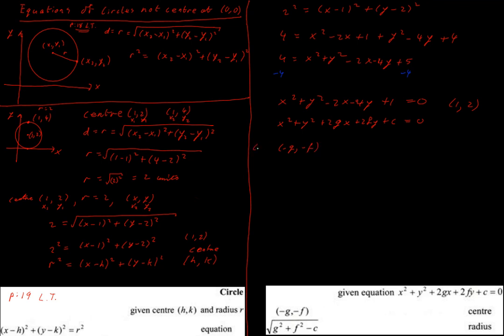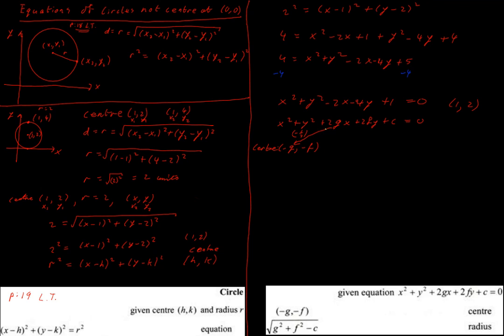Now, does that work out for our particular situation? Well, we know our center is at 1, 2. So if we have this version here, 2g is going to give us the x coordinate of our center. What did we have to do? Well, we multiplied it by minus a half pretty much.